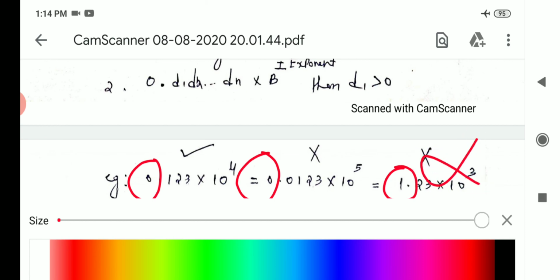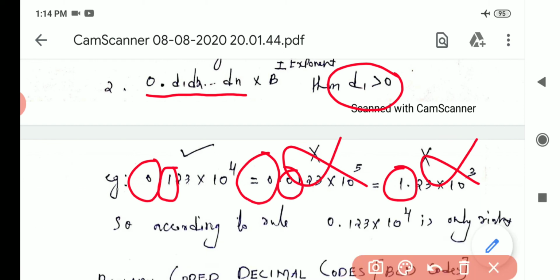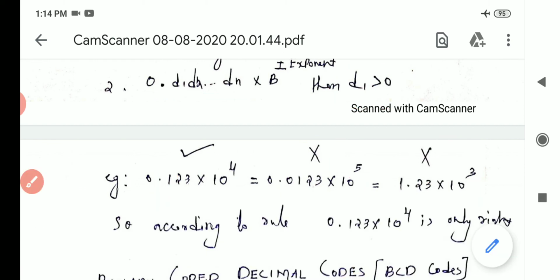Again, the second rule: 0.d1 d2 up to dn, where d1 must be greater than 0. In this case d1 is 0, so this is also wrong. This is all about floating point numbers.